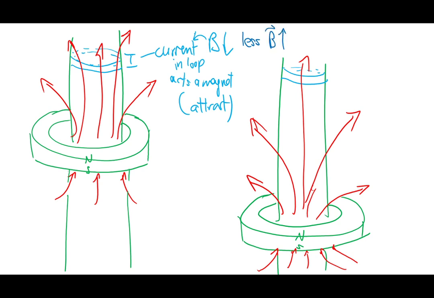Right, we have less upward B. So to undo that change, we must have some upwards magnetic field created or induced, to try and put it more like the before picture.